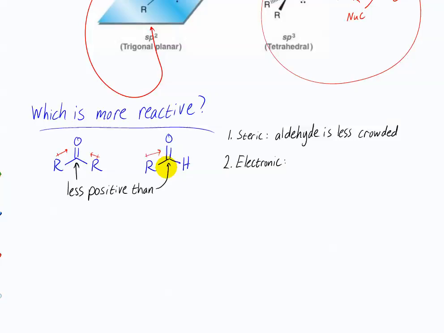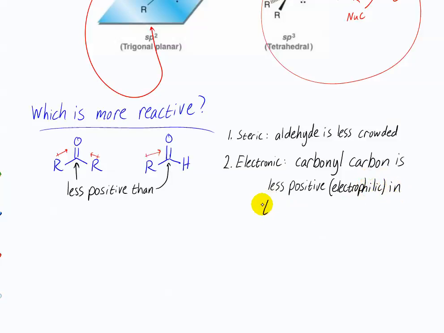And those two things taken together mean that overall aldehydes are going to be more reactive generally. So the electronic effect is that the carbonyl carbon is less positive, or less electrophilic, in the ketone.